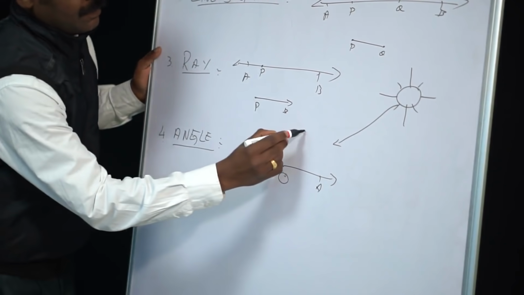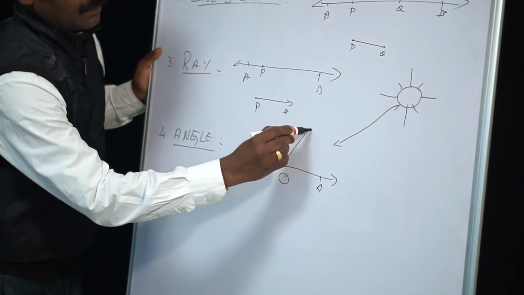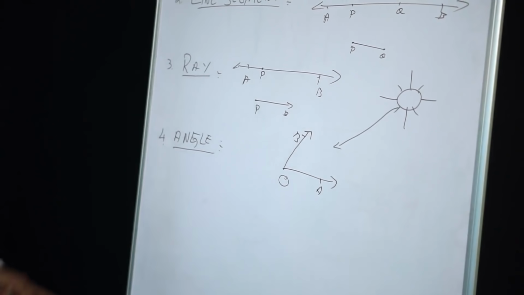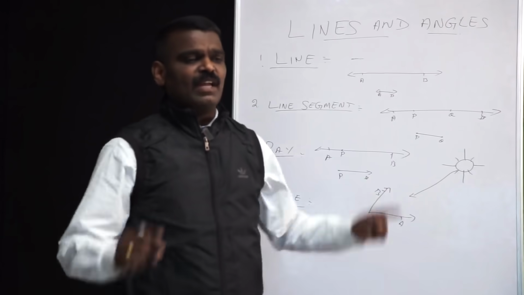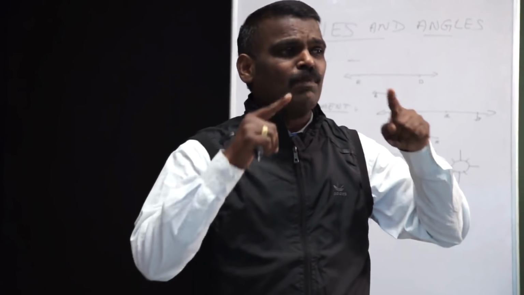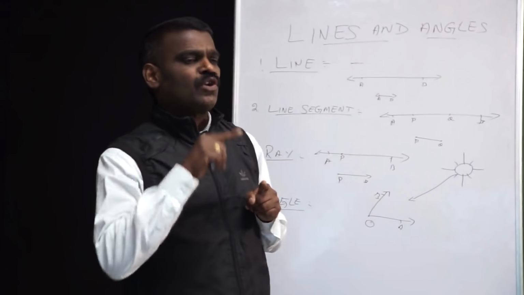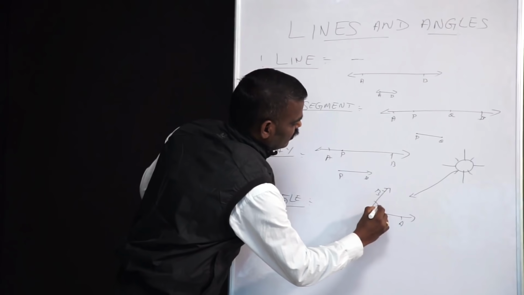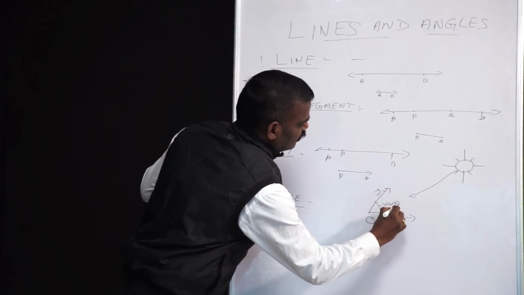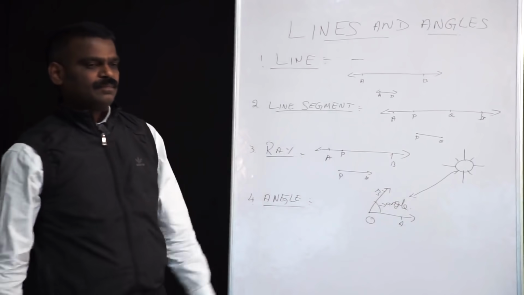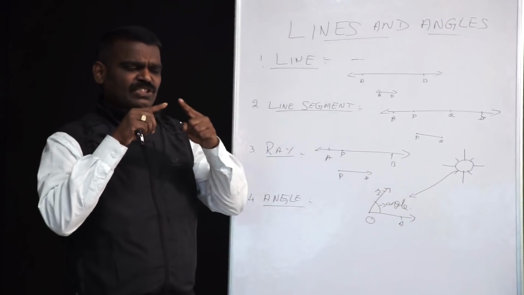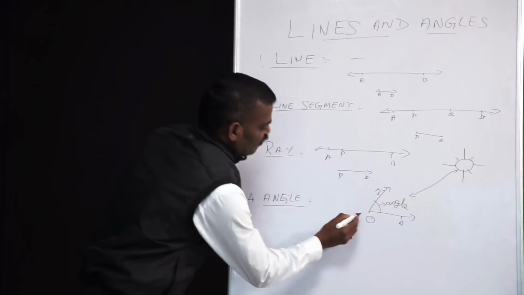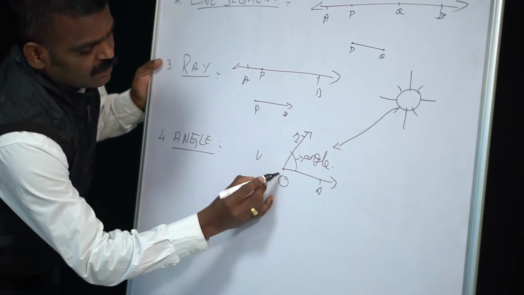Another ray OB, starting with O, where it is going to end, we do not know. When the starting points of two rays come together at one particular point, they form an angle. This is called angle. And the point of junction of two rays, the starting points, is called vertex. This point is called vertex.